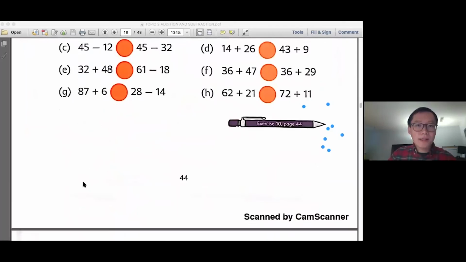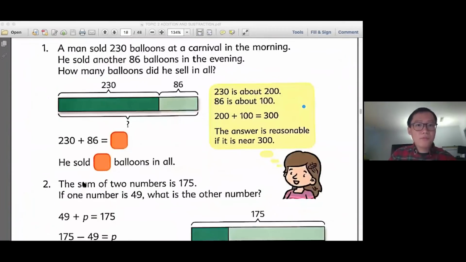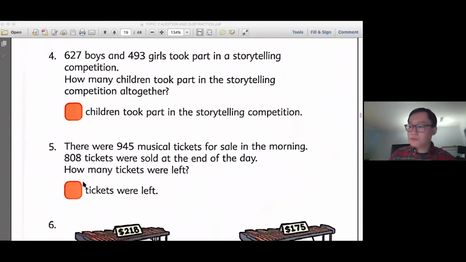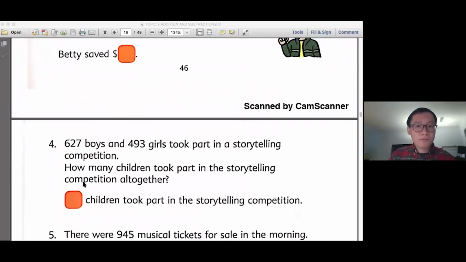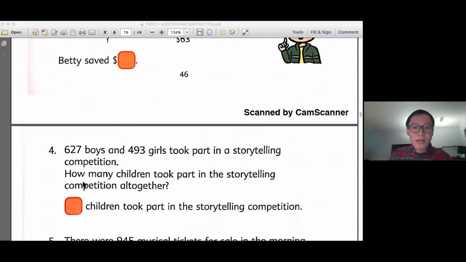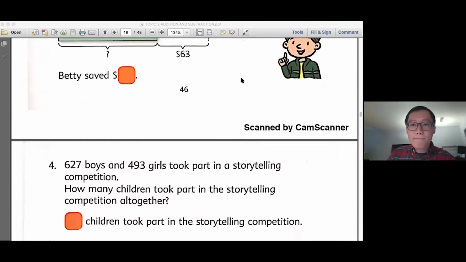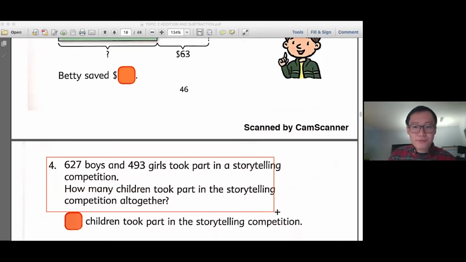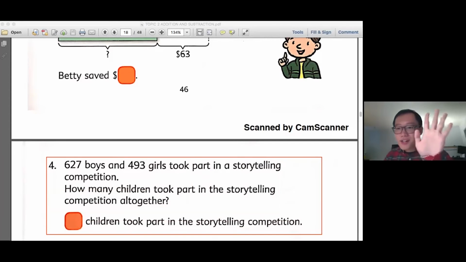So let's look at an example. Can anyone volunteer to read question 4 for me? Question 4 here. Sure.